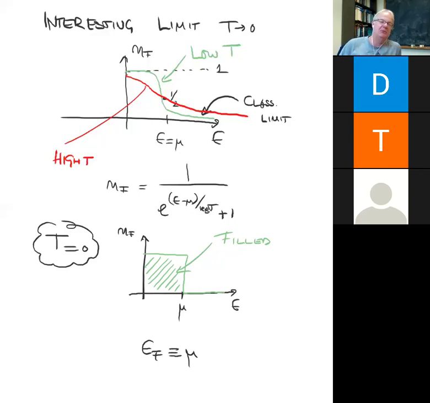And so people have studied the question exactly what happens to this thing when we turn the interactions on. And the short answer is that the distribution still looks exactly like that: all states below some magic energy are filled, and all the states above some magic energy are empty. But once the system is interacting, that energy does not have to be precisely equal to the chemical potential. So in an interacting system, that can be more complicated. And so that's why we have a kind of separate name for the whole thing. Okay.